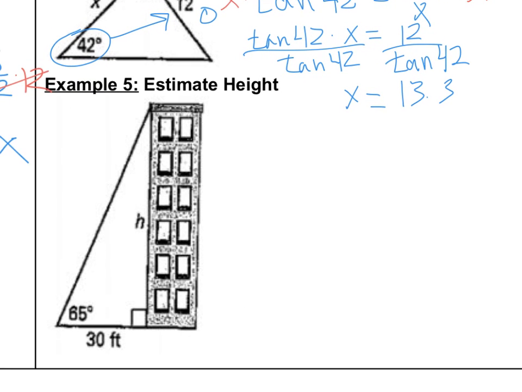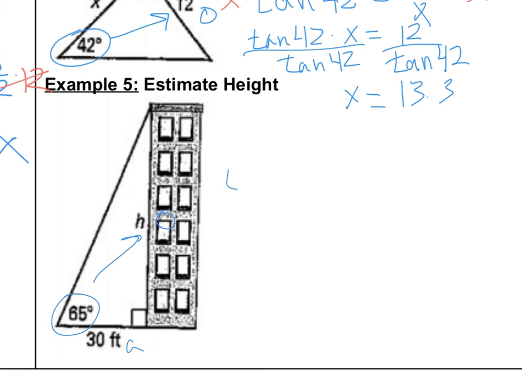Example 5. We want to figure out the height of this building. Again, your reference point is right here, 65 degrees. So let's label. This would be the opposite. This side would be your adjacent.